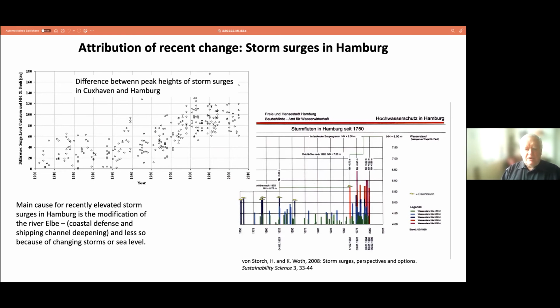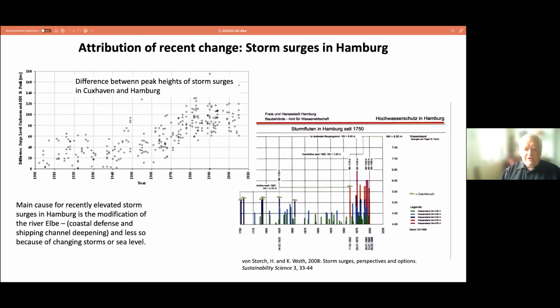So in Hamburg, the storm surge was 40 centimeters or less higher than in Cuxhaven. Since about 1980, it is of the order of 100 or maybe 90 centimeters. And from the 1960s to the 1980s, there is a more or less linear increase.